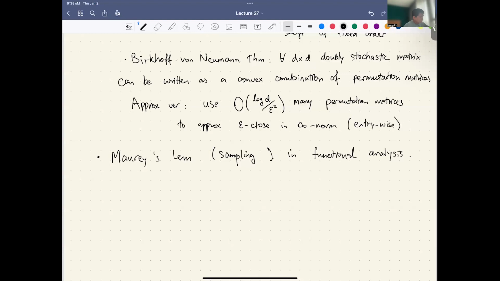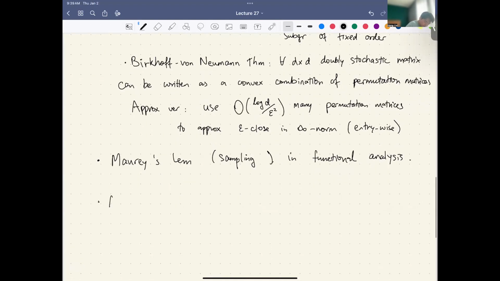Here, let's see another thing of similar flavor: approximating functions on an abelian group.